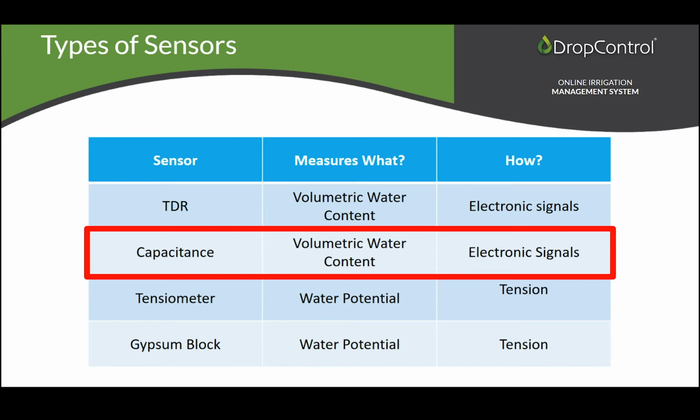It required field calibration, and it was sometimes affected by salts in the soil. So when there was high salt content, the TDR readings would have to be calibrated, which made it difficult to have any grower use it on a continuous basis, which is the objective.